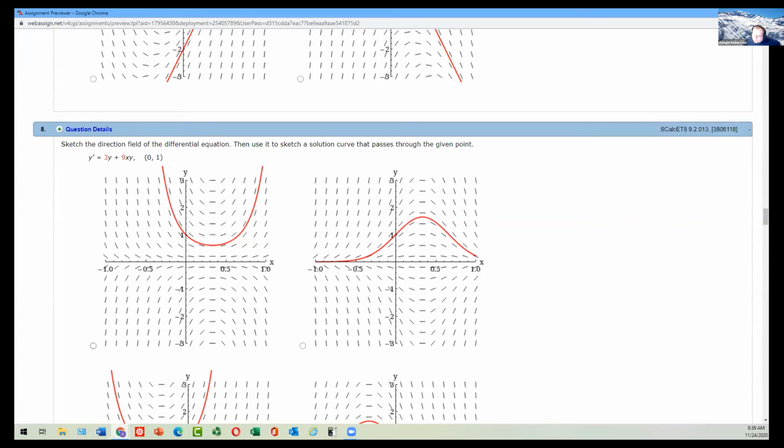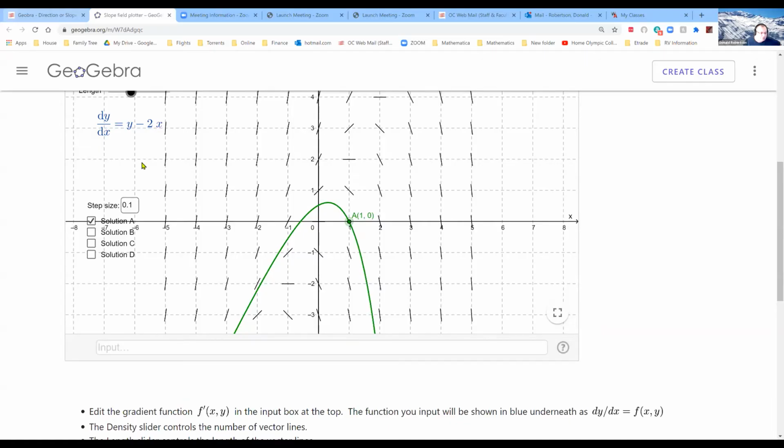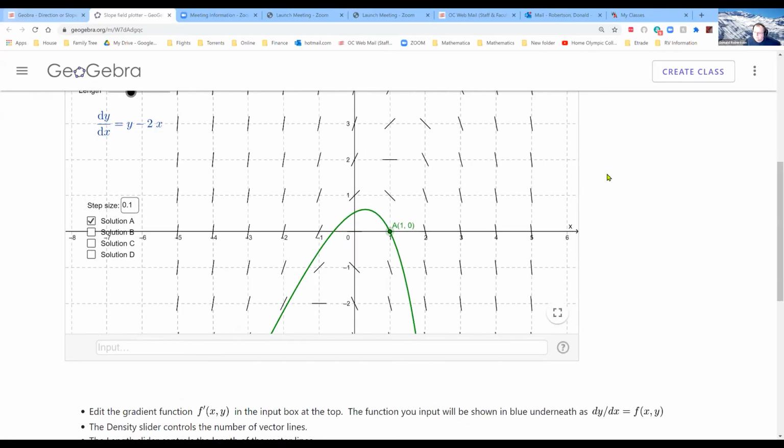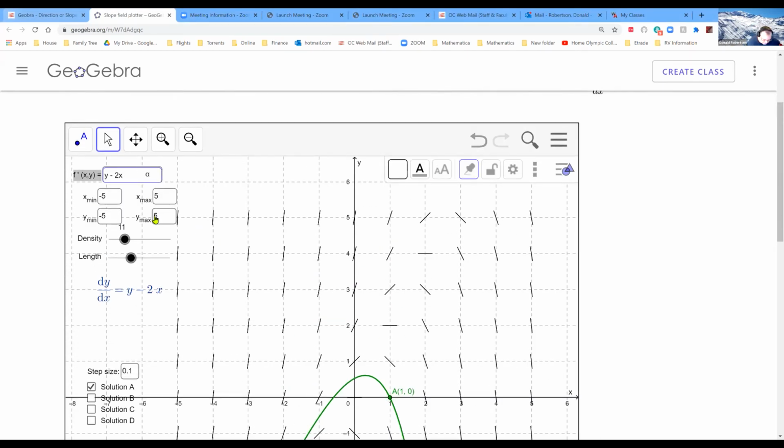So I'm now going to go back to our piece of software and try that guy out. I'll go up to the top and I'll change this fella into 3y plus 9xy. Right, so that's the differential equation set up.